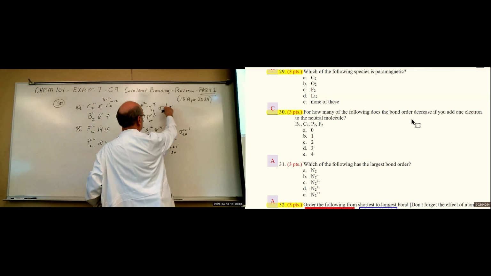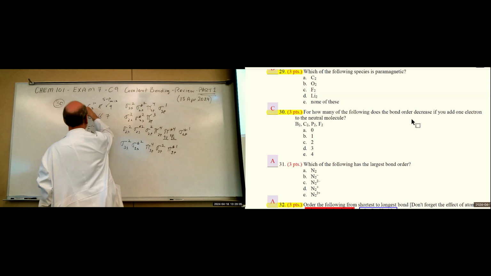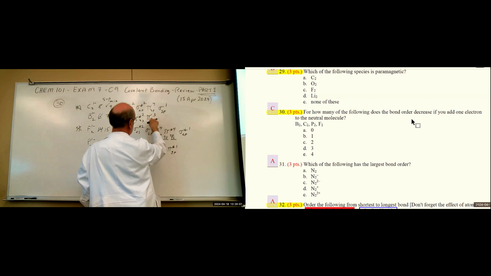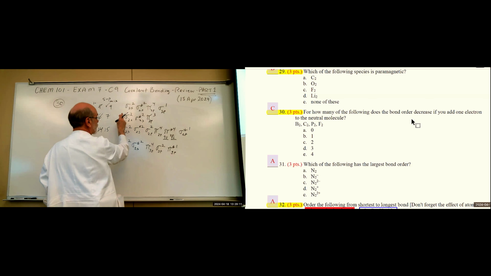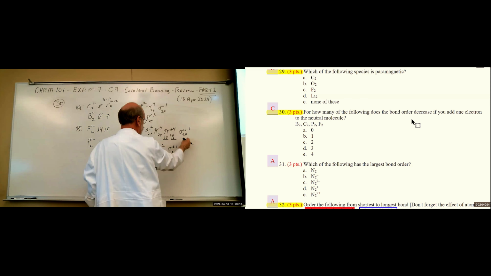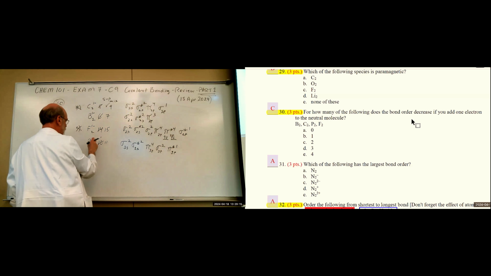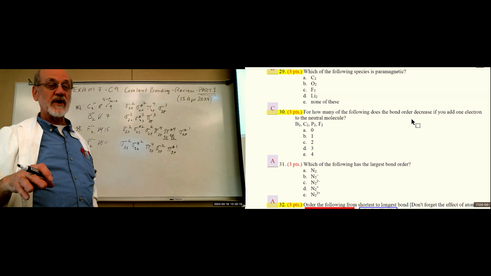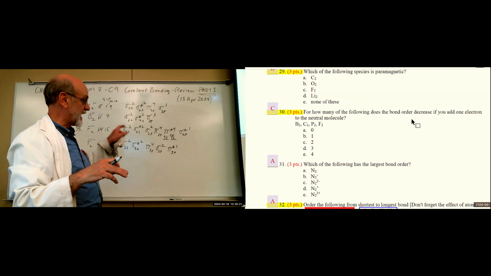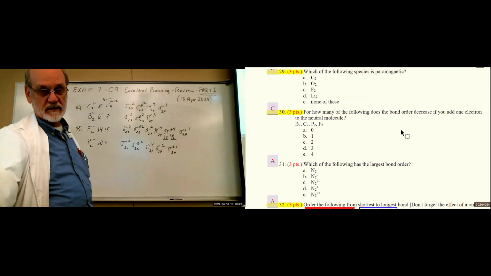We add an electron to a bonding orbital, that's not going to decrease it. That's an increase, increase, decrease, decrease. So difluorine and diphosphorus are going to decrease their bond orders because we add an electron to an anti-bonding orbital.